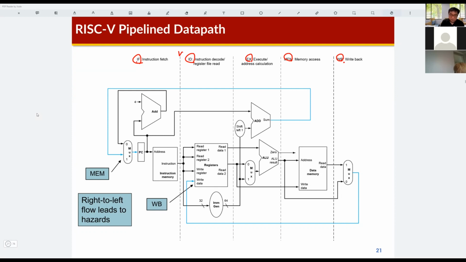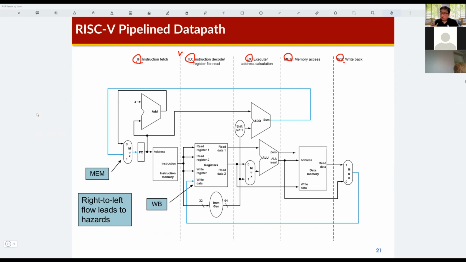As you can see, the instruction memory is accessed in the instruction fetch stage. In the ID stage, the instruction is decoded and the register file is read. In the execution stage, the ALU is executed.